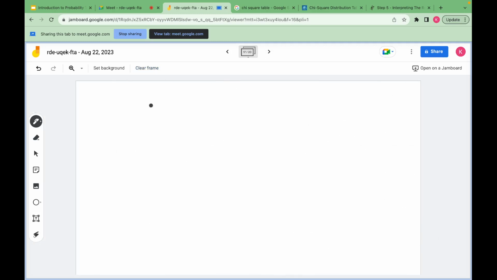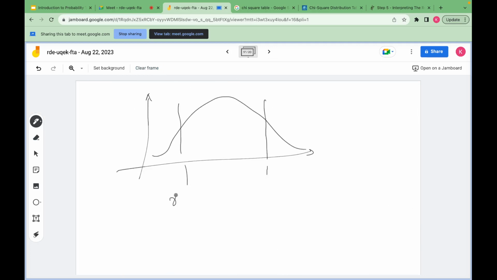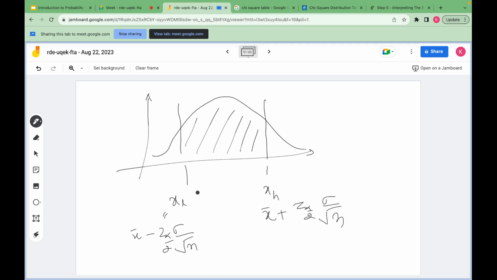So previously, let's suppose we have some values, we find the lower limit and upper limit, and we say that our mean will lie in this region. This is x bar minus z alpha by 2 sigma upon root n, and this is x bar plus z alpha by 2 sigma upon root n. So we were saying that our mean is in between these values.